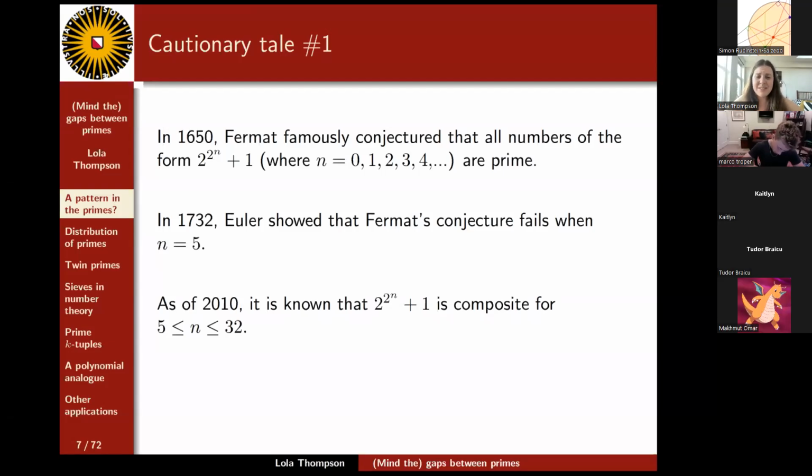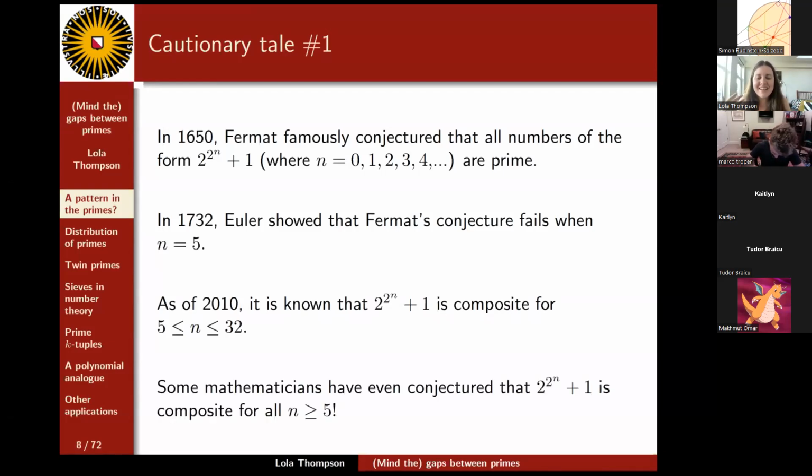As of 2010, which I think was the most recent value calculated, it's known that 2 to the 2 to the n plus 1 is composite for all values of n between 5 and 32. So you might even think, and some mathematicians have conjectured, that it's always composite for all n greater than or equal to 5. And if that's true, then Fermat could not have been more wrong.